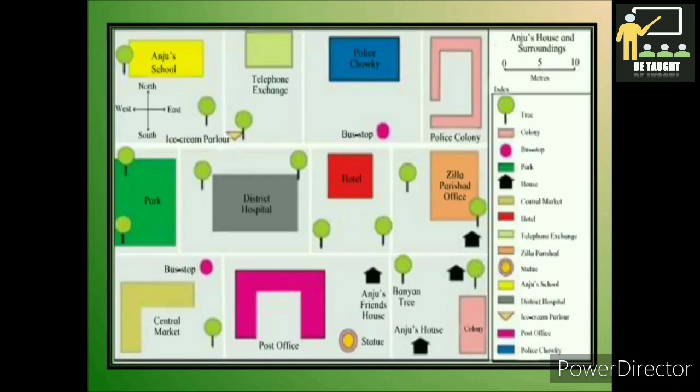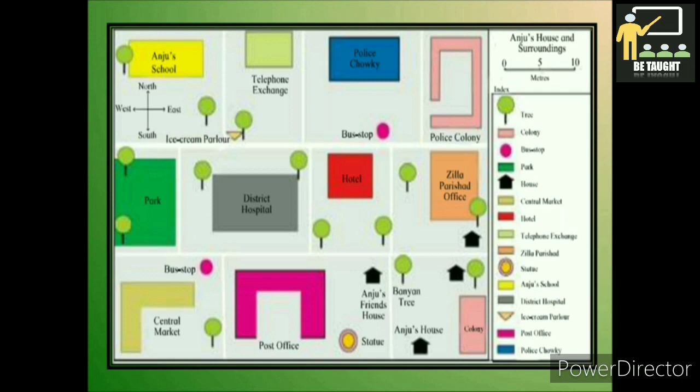Now, let us see the next picture. You can see over here, this is the same diagram, but instead of real pictures of trees and buildings, certain symbols are used.